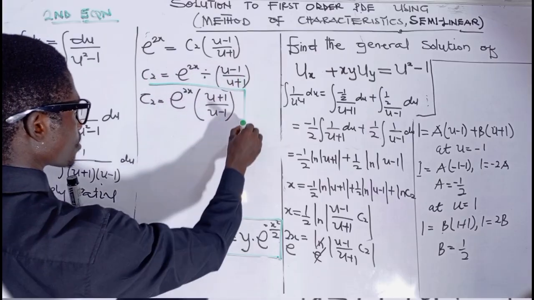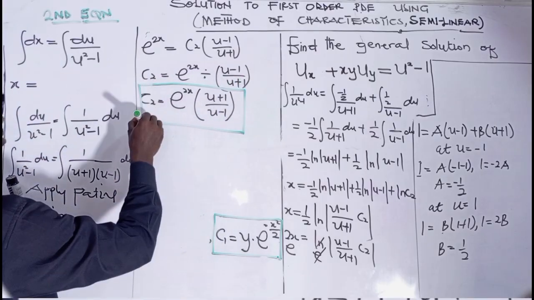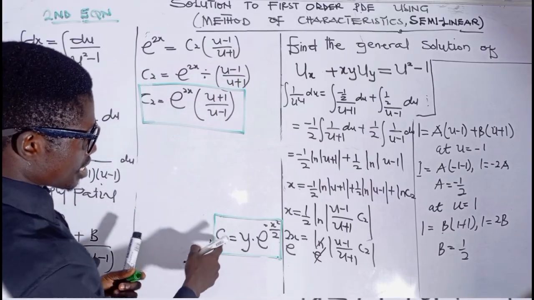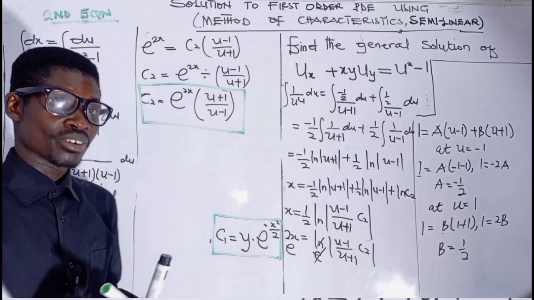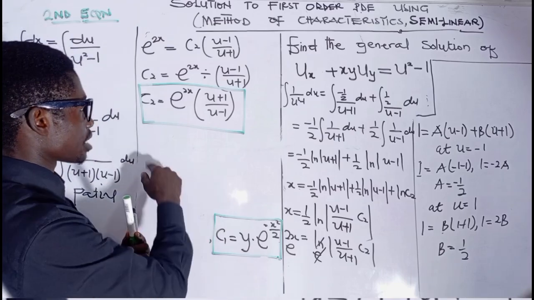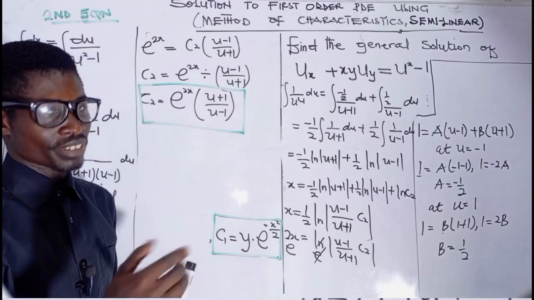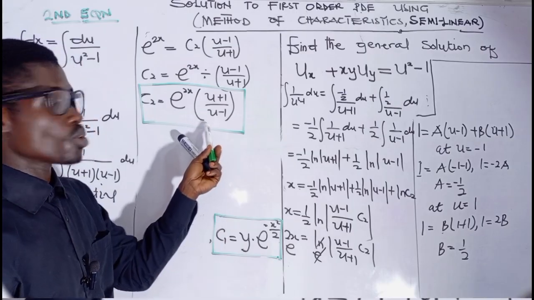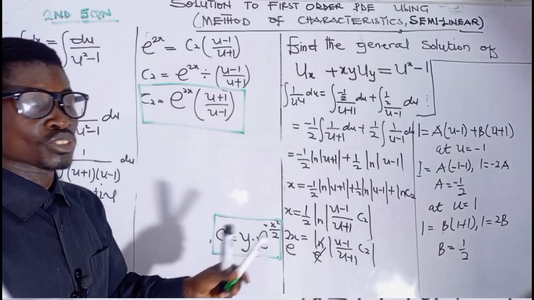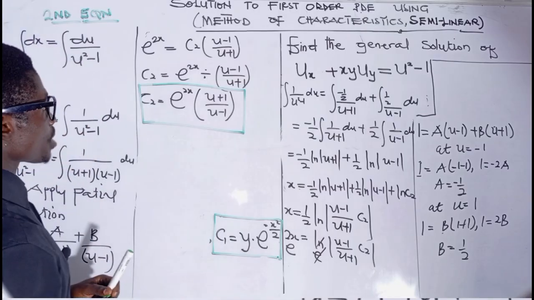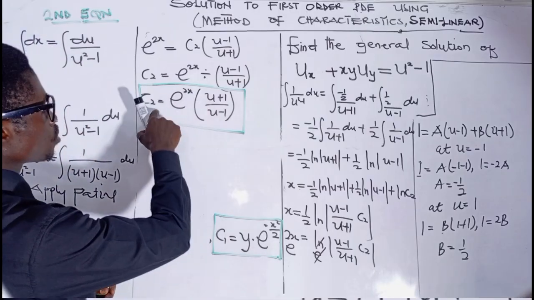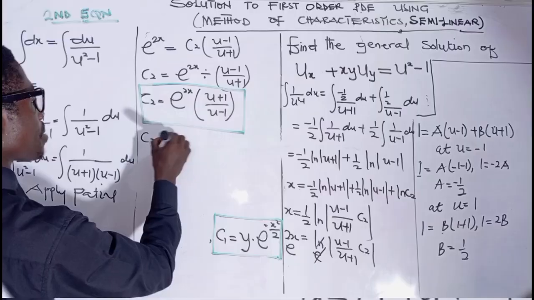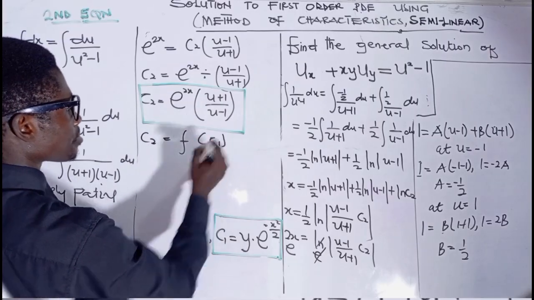So we have C1 and then C2. Whenever you have two solutions or two constants, one becomes a function of the other. So it is either C1 becomes a function of C2 or C2 becomes a function of C1. Since we are having u in C2, let's pick C2 becoming a function of C1.